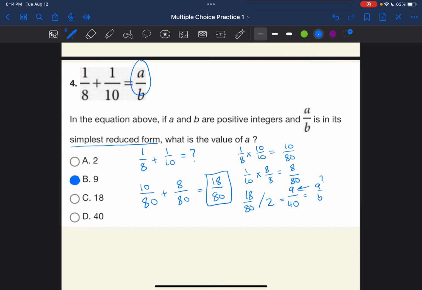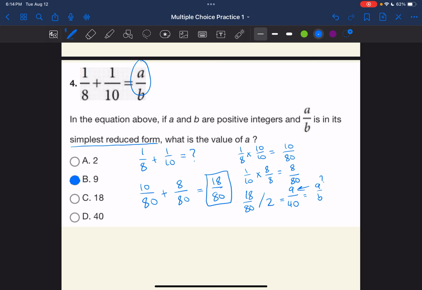But again, there is a mental math way to do it, and most people will be able to do this. Taking a look at 1/8 plus 1/10, we know eventually we want a over b to be in the simplest reduced form.